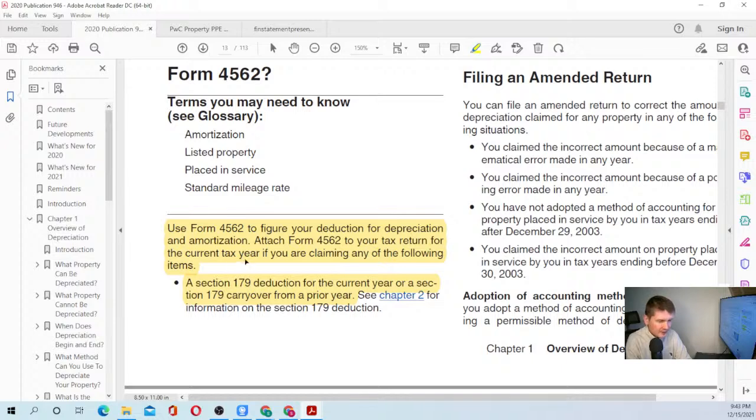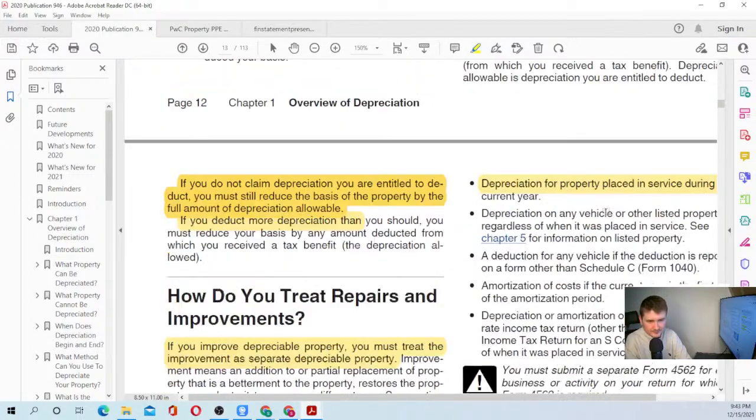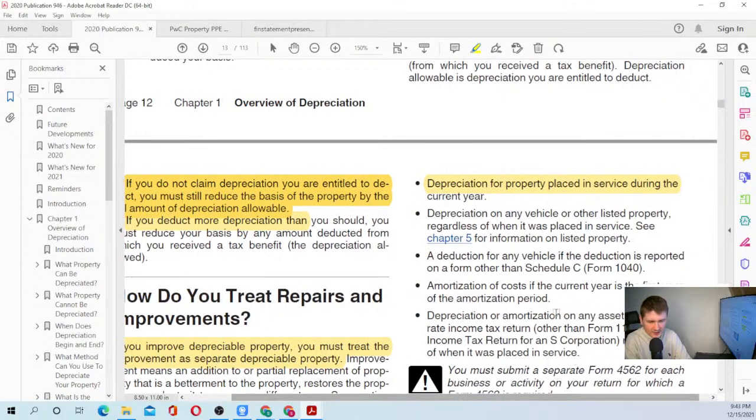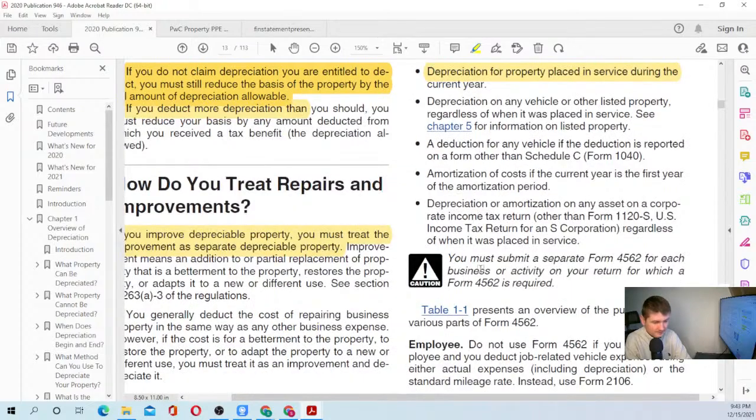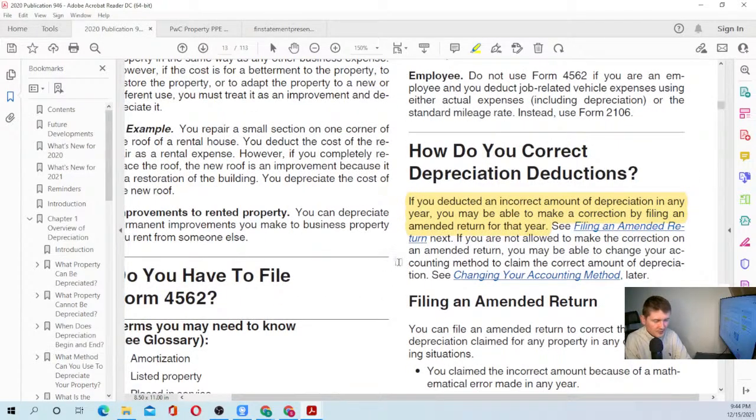Attach form to your tax return for the current year if you're claiming any of the following: a section 179 deduction, depreciation of a vehicle, deduction for any vehicle if the deduction is reported on a form other than Schedule C. So pretty much if you use any property in your business, you most likely will need to use that form.